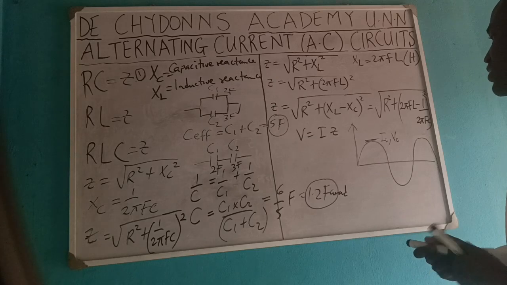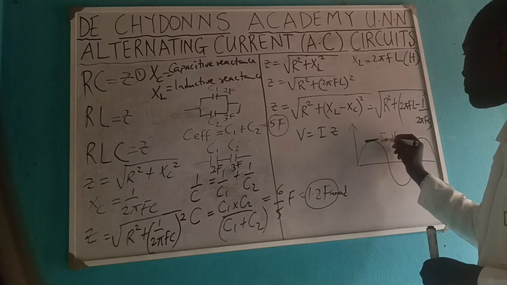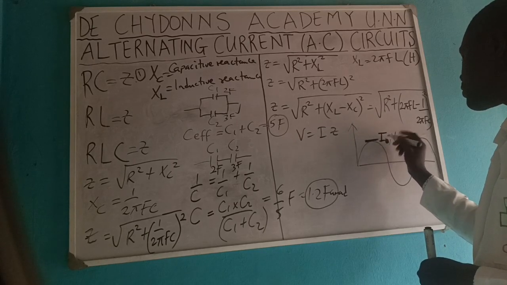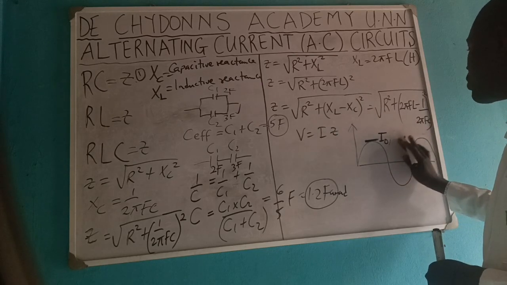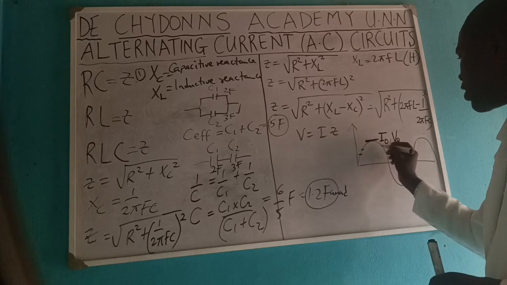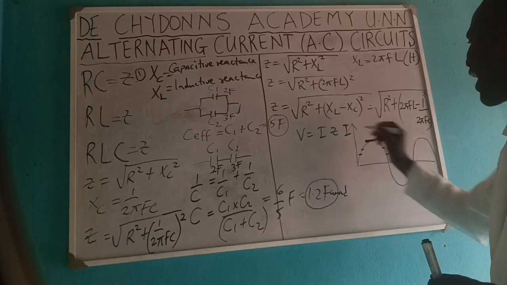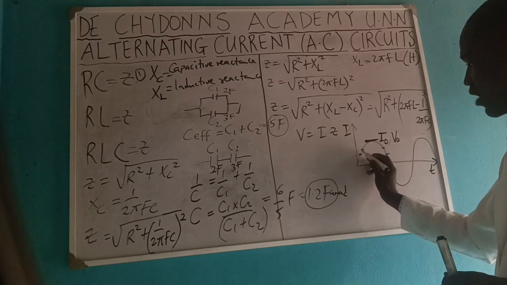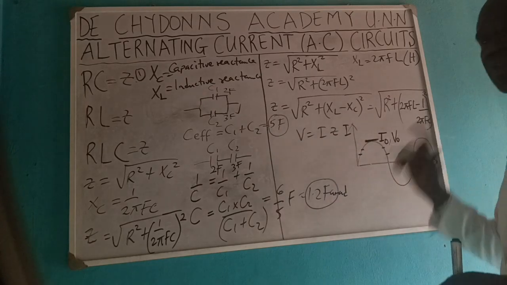Are you getting it? Now, what about all these points that are not the peak? How do we get the current? When you plot the graph of I against time, at this point you are seeing now, how do we get the current? How do we get the voltage?